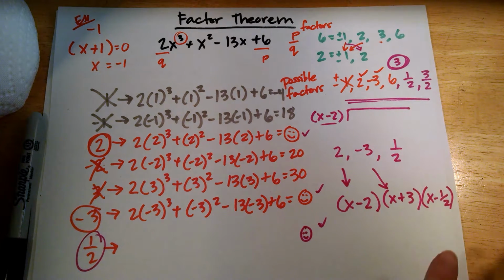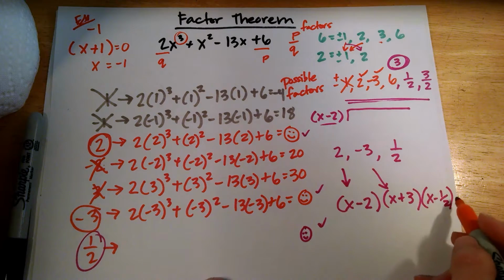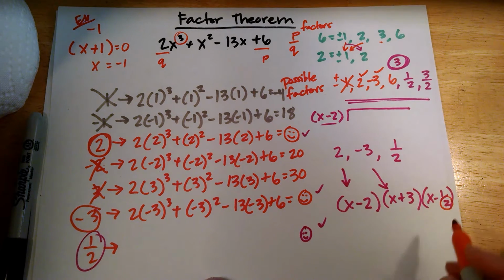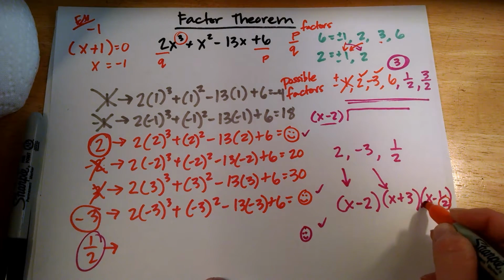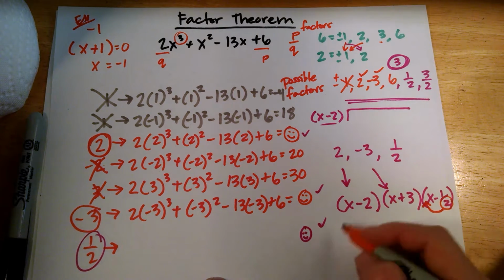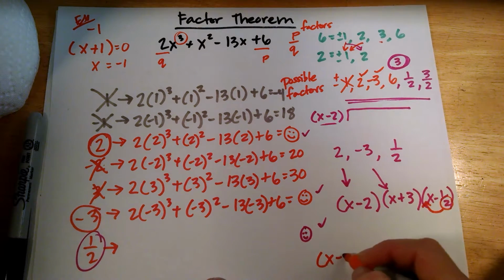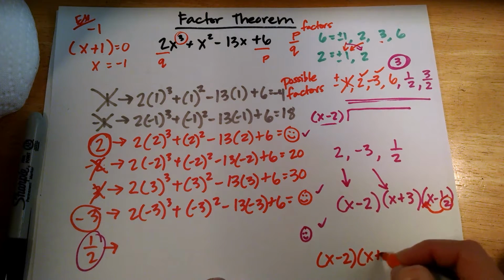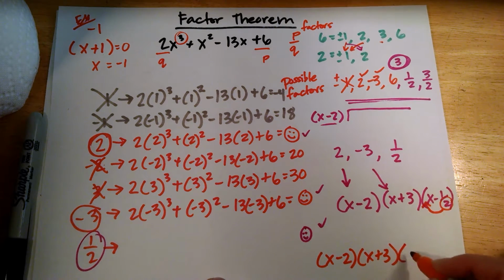Just a note, we don't want to put fractions in our binomials. So we need to change this. We need to take the denominator, if we do end up with a fraction, and stick it in front of that x value. So truly our answer is x minus 2, x plus 3, and 2x minus 1.